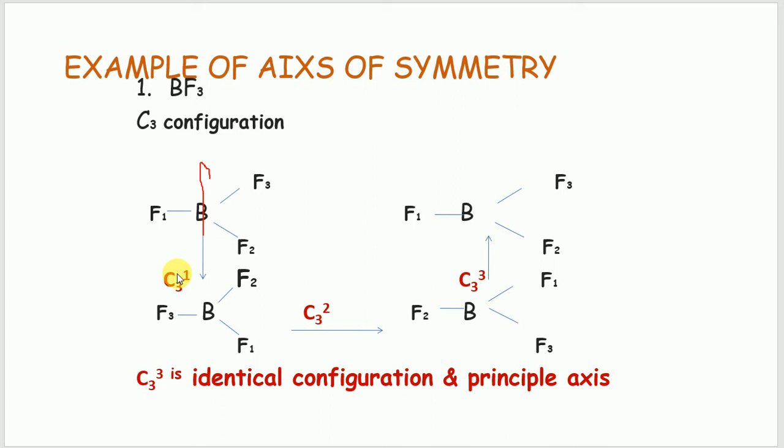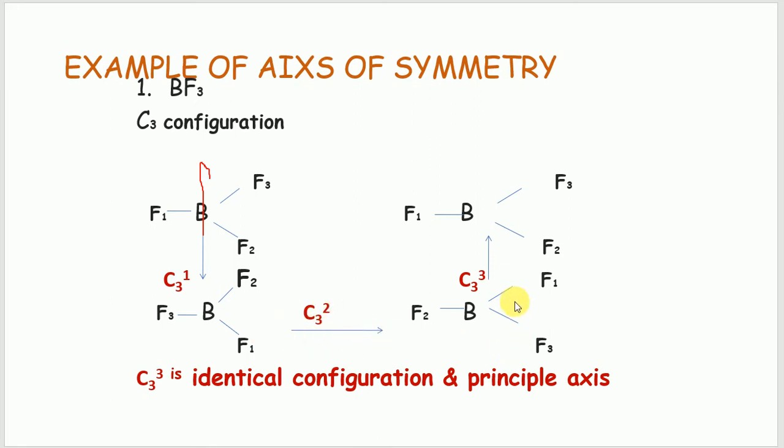360 by 120 is equal to 3. Therefore, the order of this axis is 3, or we can say it is a threefold axis of symmetry. Here you can see C3^1. It is the first rotation, therefore the superscript is 1. After this, the second rotation, therefore it is C3^2.